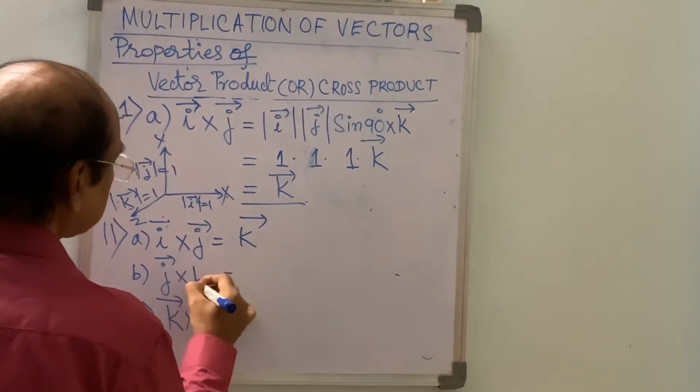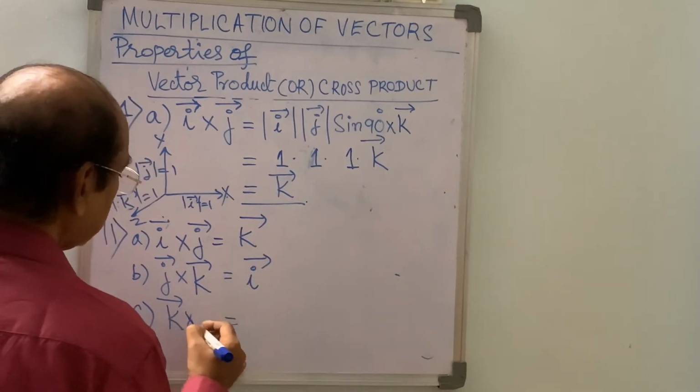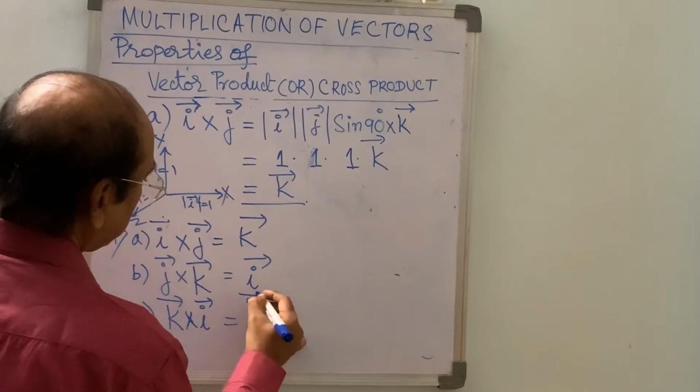Similarly, j bar cross k bar is equal to I bar, and k bar cross I bar is equal to j bar.